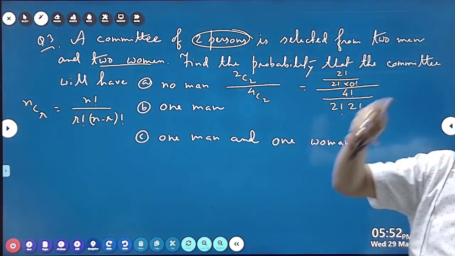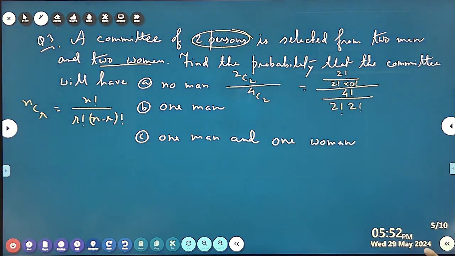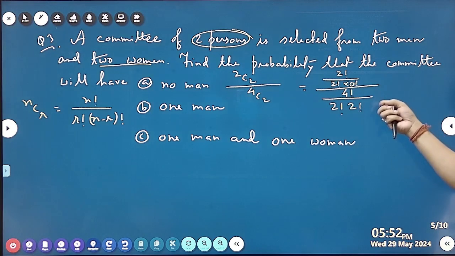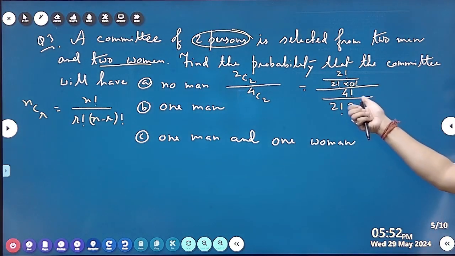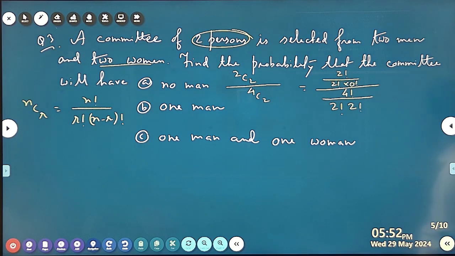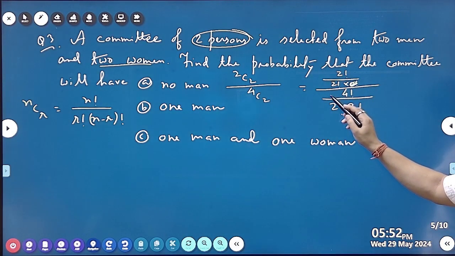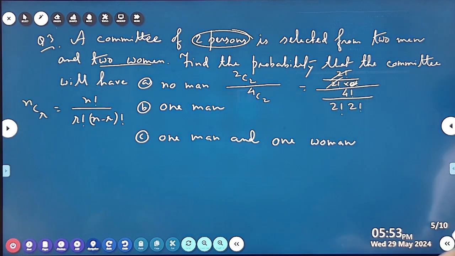Actually 0 factorial is not a term that can be found using this. 0 factorial is considered as 1. It cannot be verified. So this is 1, right? 2 factorial by 2 factorial how much? They'll cancel or not? What is the answer then?